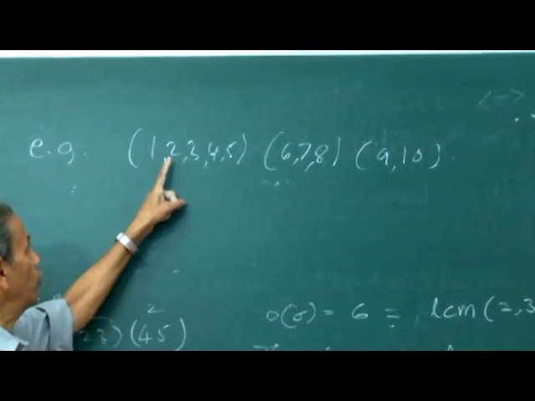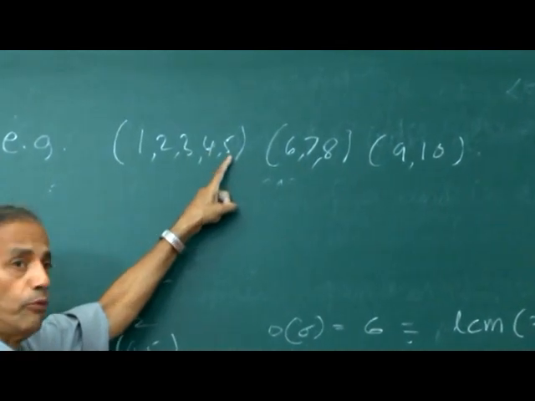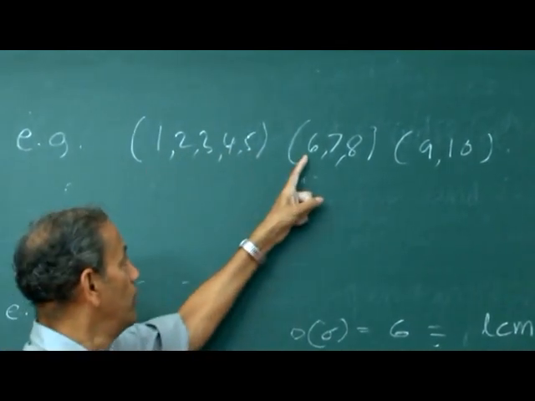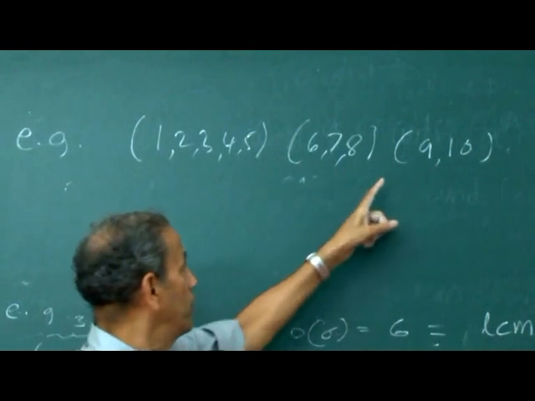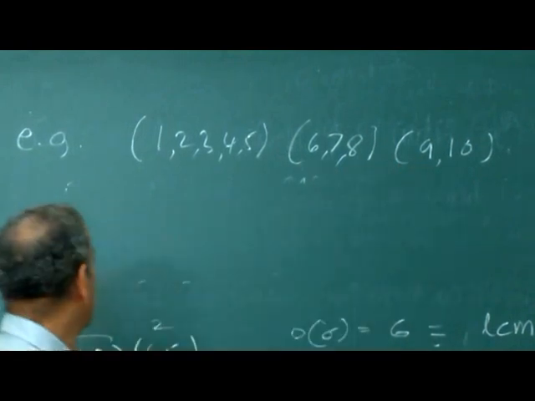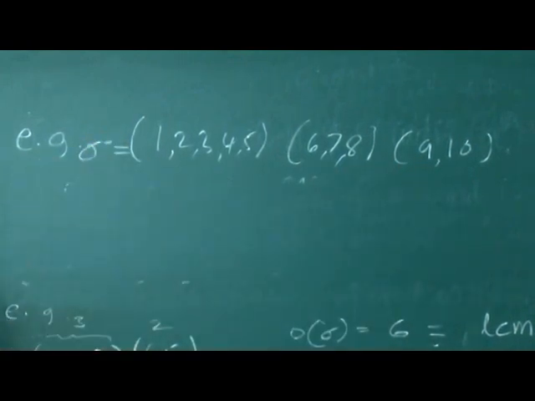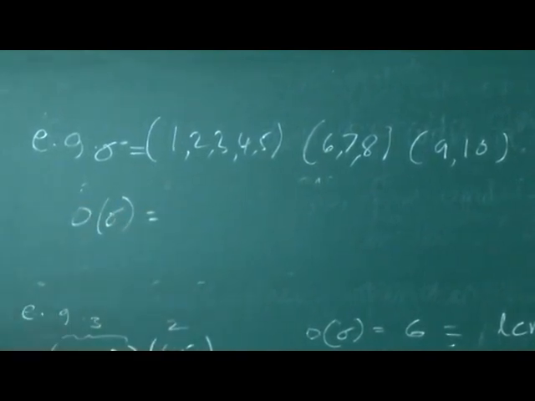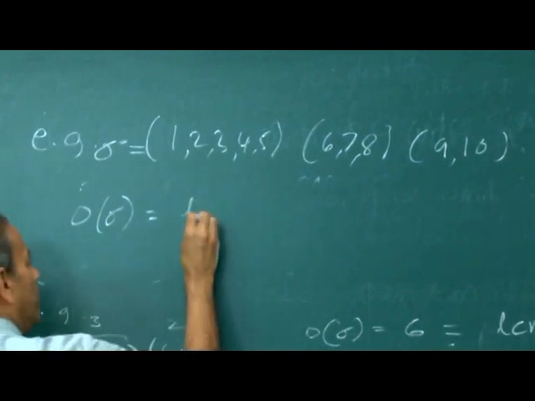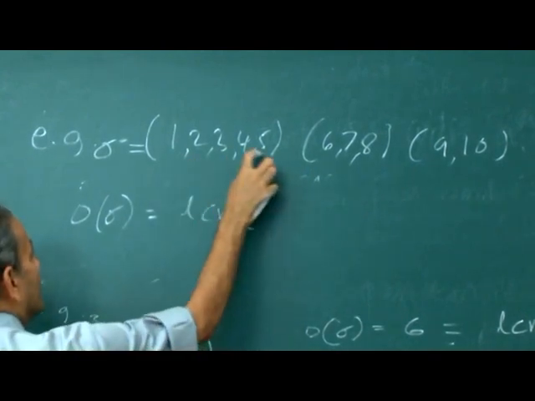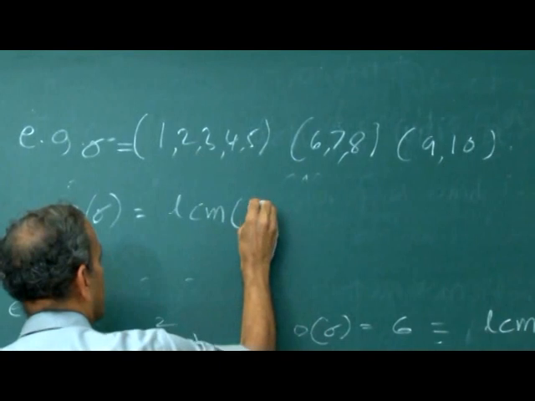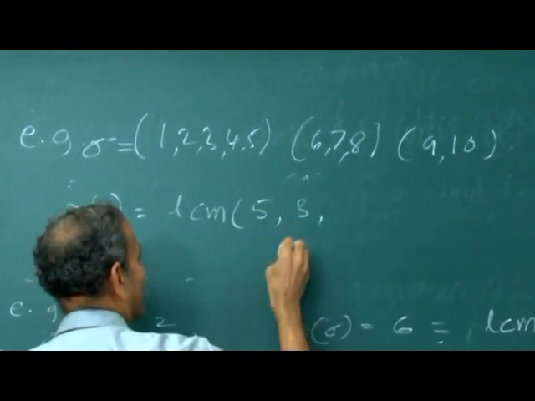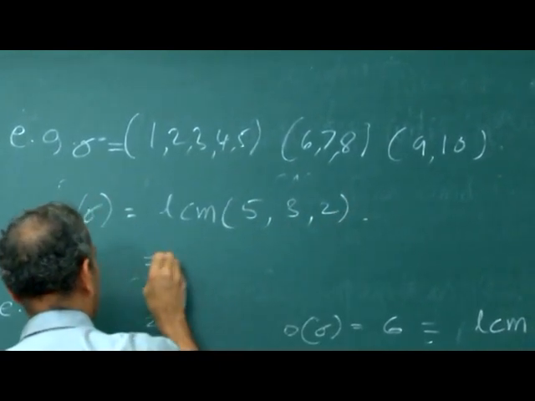This takes 1 to 2, 2 to 3, 3 to 4, 4 to 5, and 5 to 1, and so on. 6 to 7, 7 to 8, 8 to 6, 9 to 10, and 10 to 9. Then if I call this sigma, then order of sigma, what is it? You might have guessed it is LCM of the lengths of cycles. One length is 5, the next is 3 and 2. So it is 30.